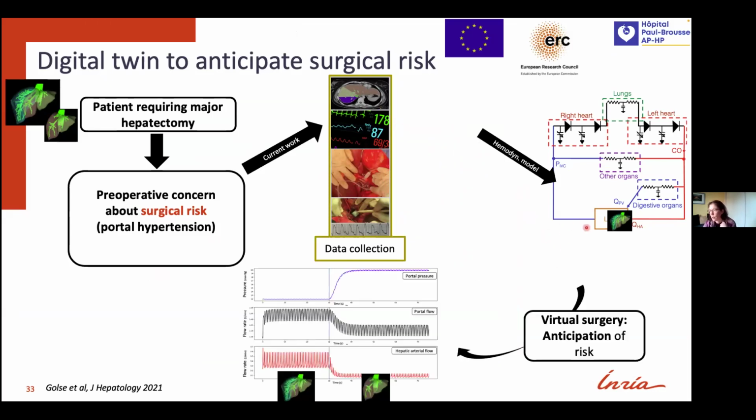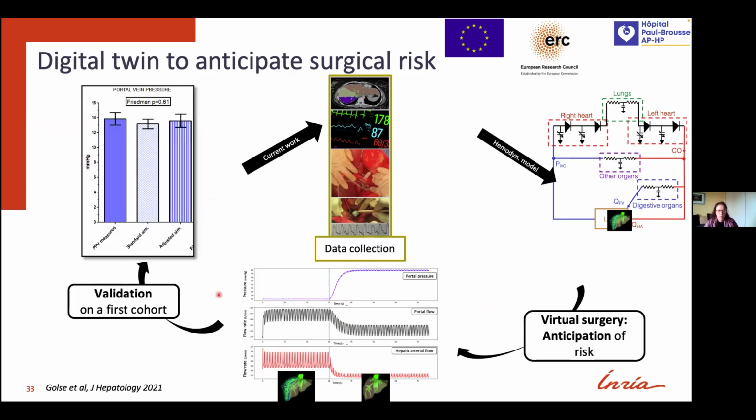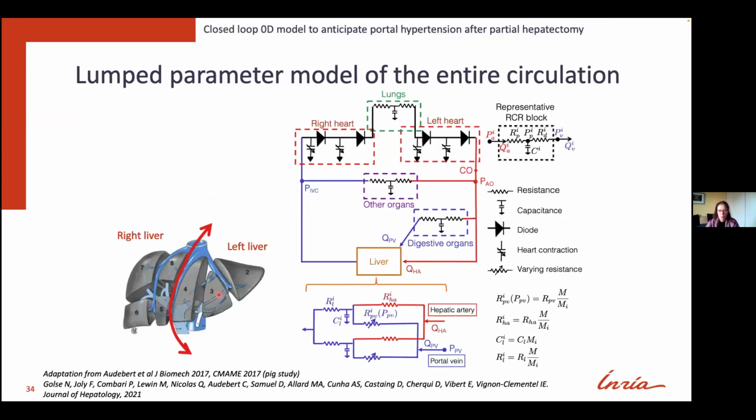We can zoom on the different parts of the liver, and we can perform a virtual surgery to predict the increase of pressure and the decrease of flow in the liver. So we did the first study, and this is what I will talk to you about now briefly.